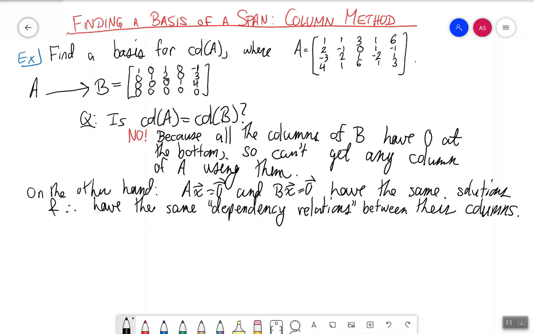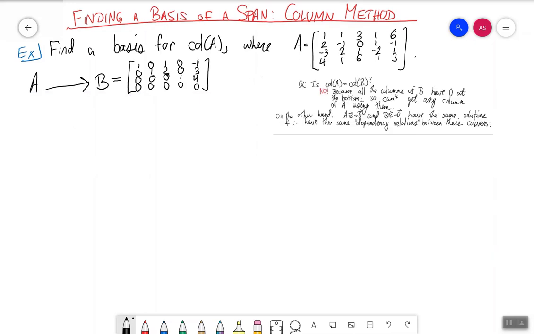To give myself a little bit more room, let me take all this stuff here and make it a lot smaller and put it over here.